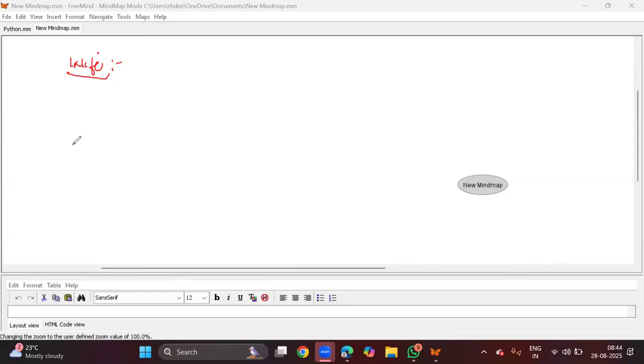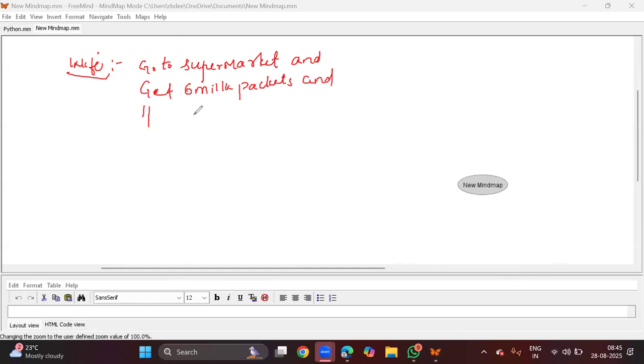Suppose the wife says to the husband, go to the supermarket and get 6 milk packets, and if you see eggs, get a dozen.